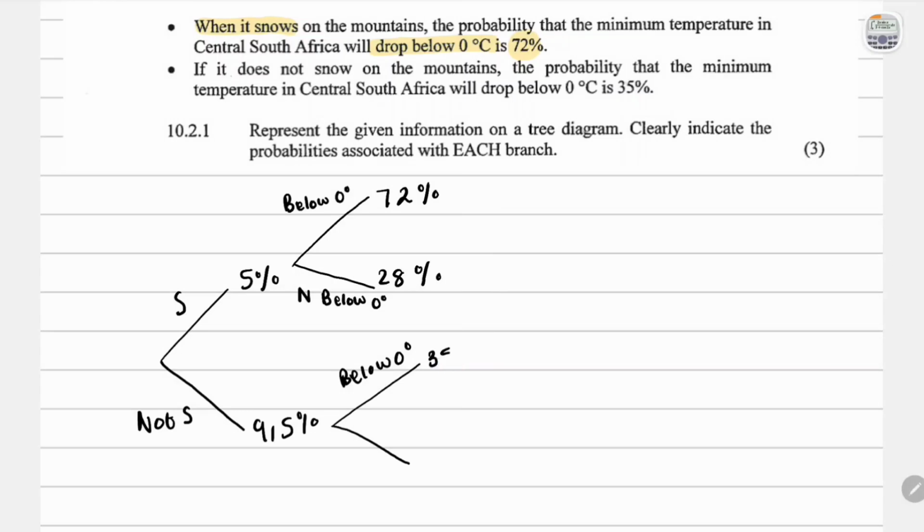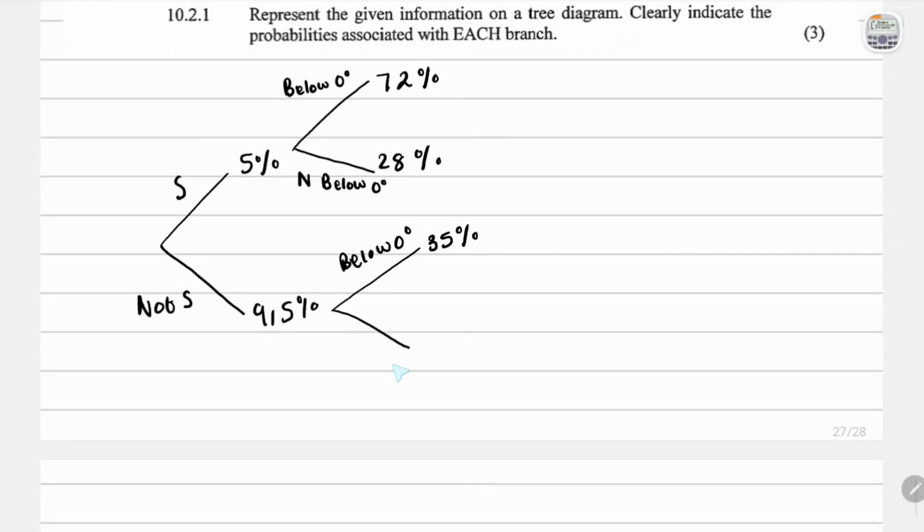So if this is 35%, then it means that the probability that it will not drop below 0 degrees would be the difference, which would be 65%. Okay, so not below 0, 65%, because that's what will help it add up to 100%.